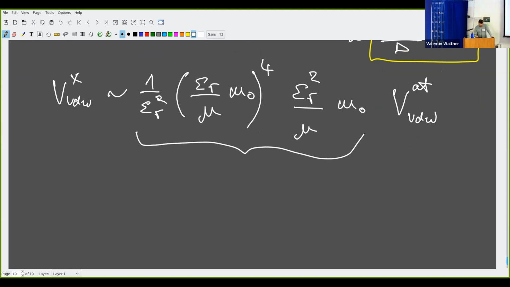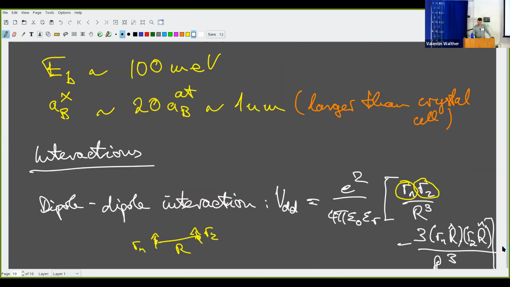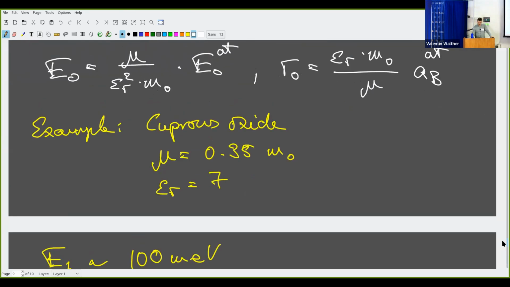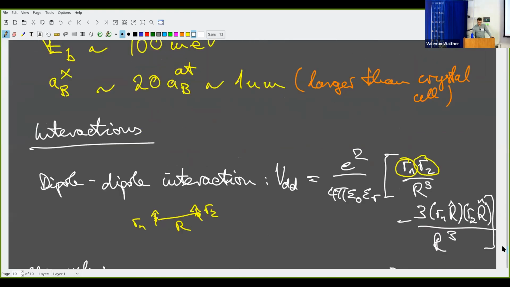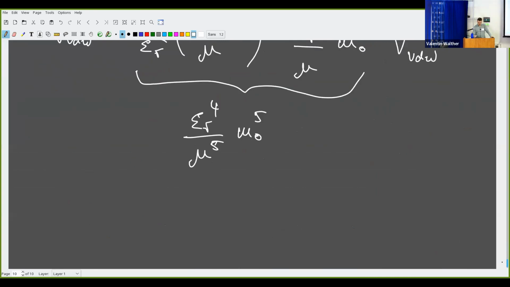So now we can simplify this, and it ends up as epsilon r to the 4 divided by mu to the 5 m0 to the 5. So of course it's a dimensionless number. And the remarkable thing is that if you now use the values, for example, for cuprous oxide, mu equals 0.35 m0 and epsilon r equals 7, then you find that this value is about 500,000.